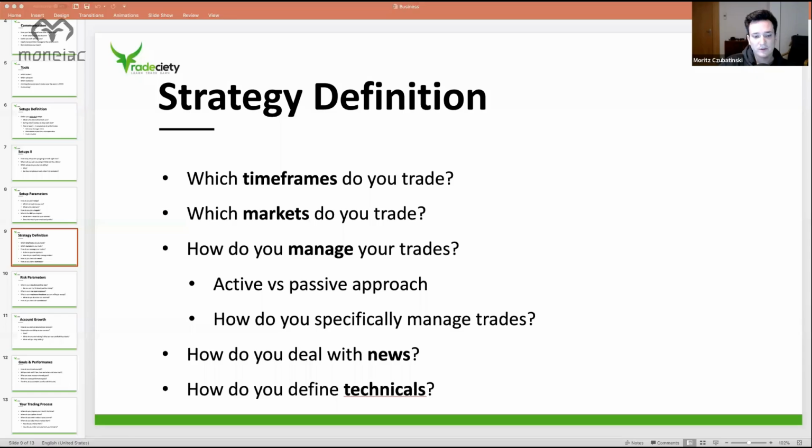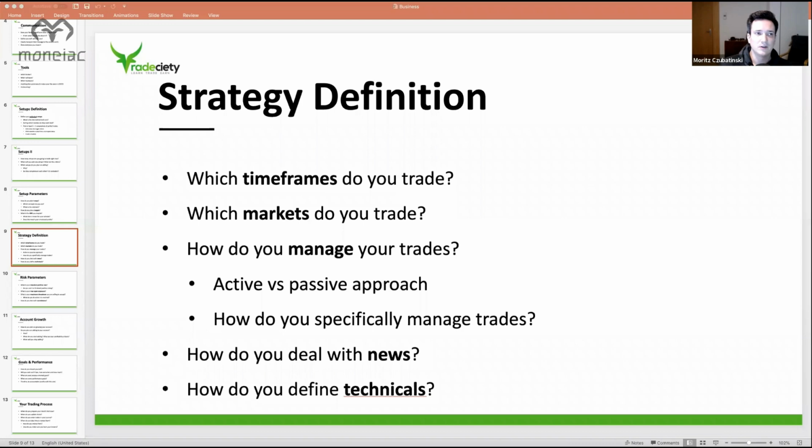And also, how do you define technicals? Super important. I see people trading trend lines and they draw them differently on every chart. Or ranges. How do you define a level? How many hits does a level need for you to recognize it as a level? Is the level at an extreme? Is the level inside price?